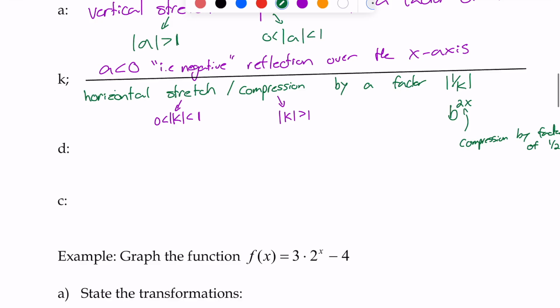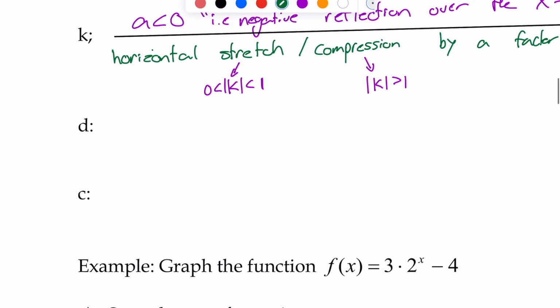And then similar to the a, and we saw when we did the 1/2, the k has a second part to it. If the value of k is less than 0, so again, negative, there will be a reflection over the y-axis. And we saw that with the example above.